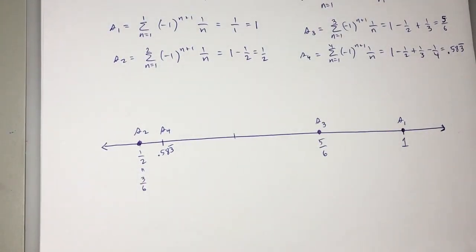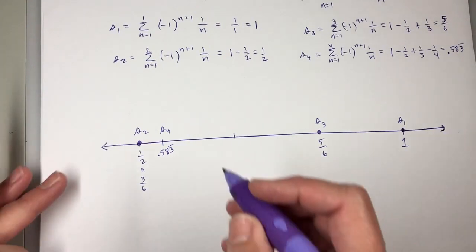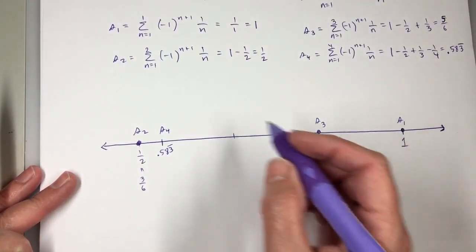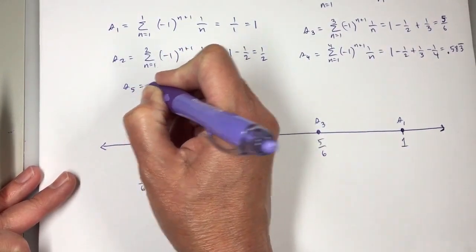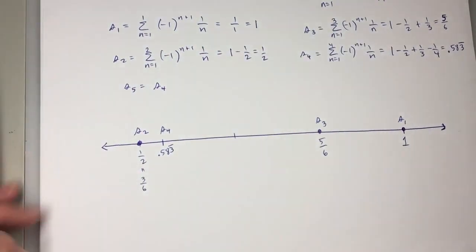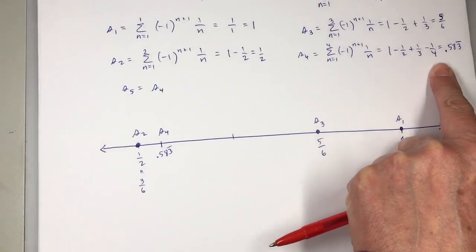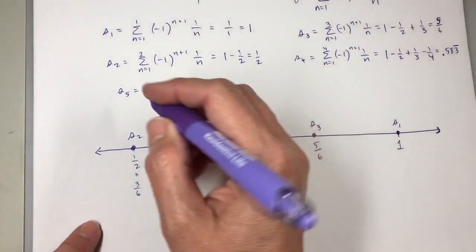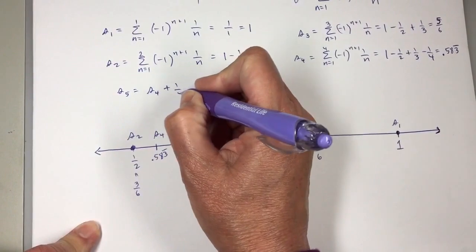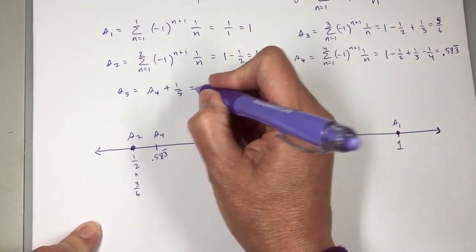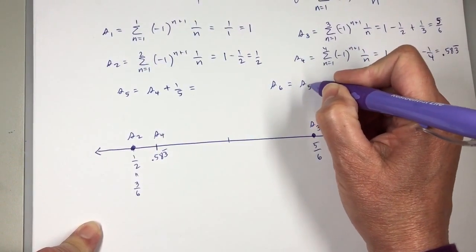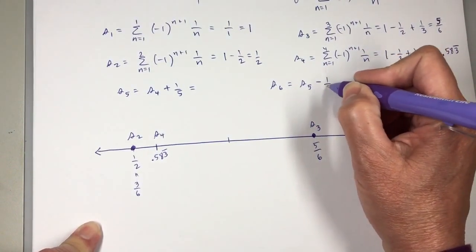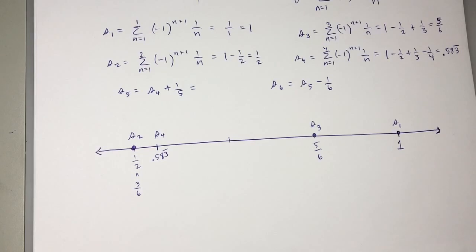S sub 5 would be S sub 4 plus 1/5. So we'll figure out what that is. S sub 6 would be S sub 5 minus 1/6.